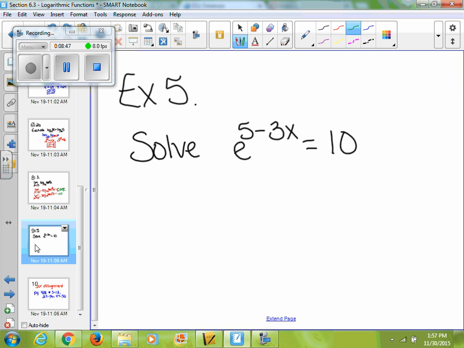Alright, the last part of what you're doing today is manipulating some logs. We want to solve that for x. I'm given e to the 5 minus 3x is equal to 10. The first thing I have to do is get rid of this base e. So I have to take the log base e of both sides.